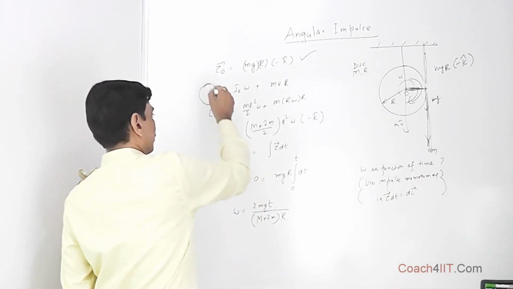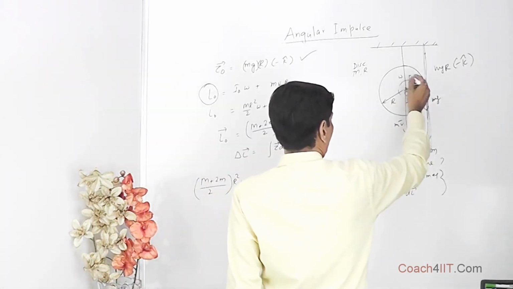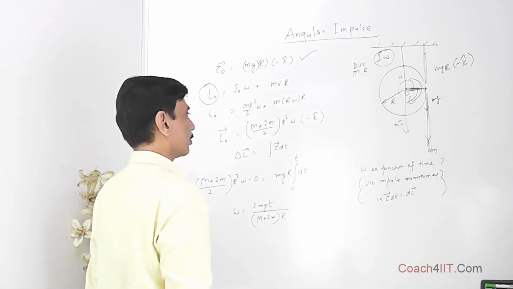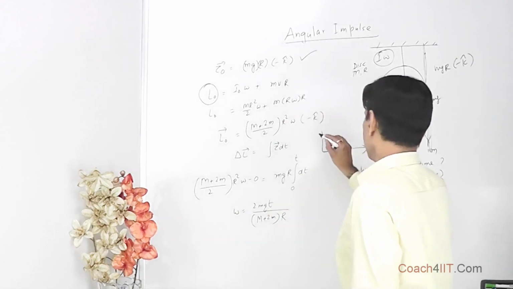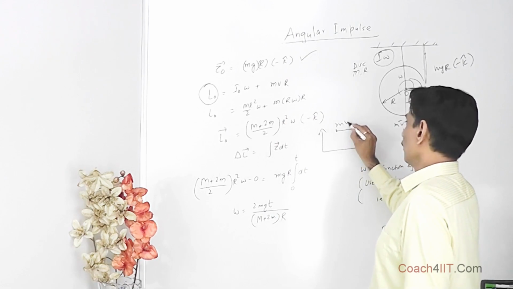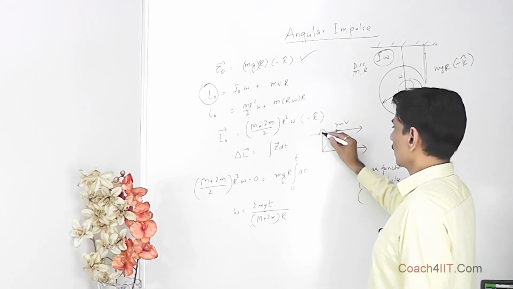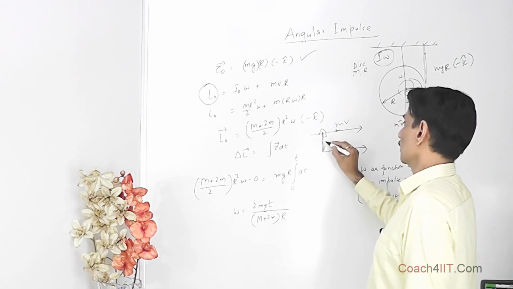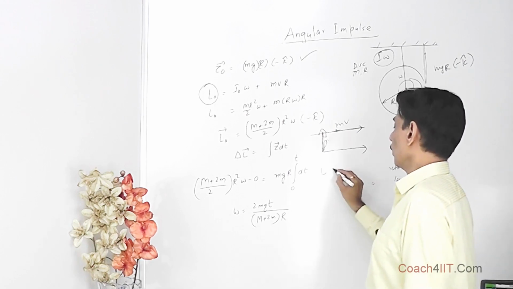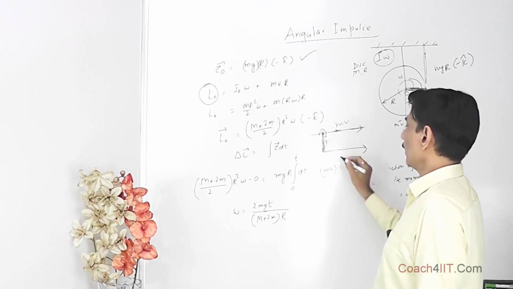Let's come to the angular momentum of the system. This is a disk, so we can easily find I omega as the angular momentum. Otherwise, as we did earlier, let's say this is a particle moving in this direction with mass m, velocity v, and perpendicular distance r. Angular momentum is moment of momentum, that is mv into r.